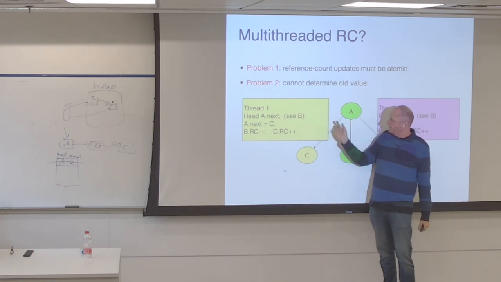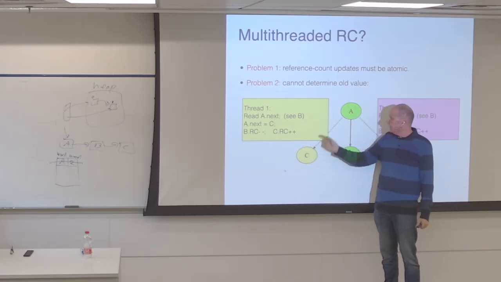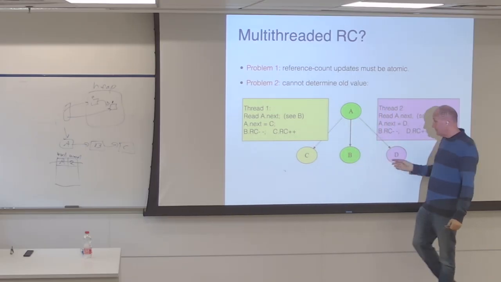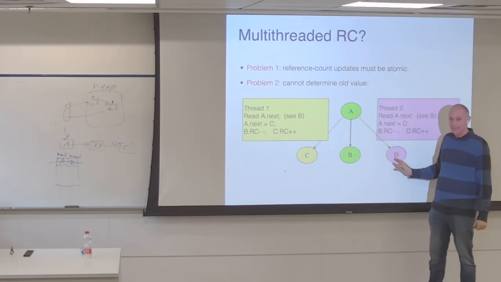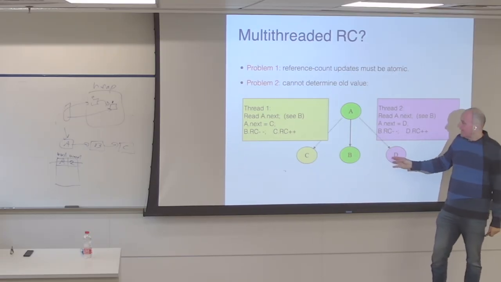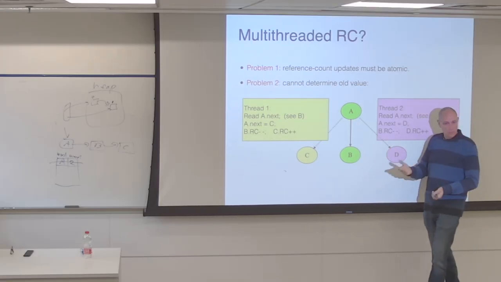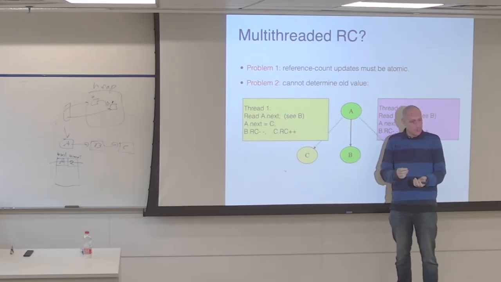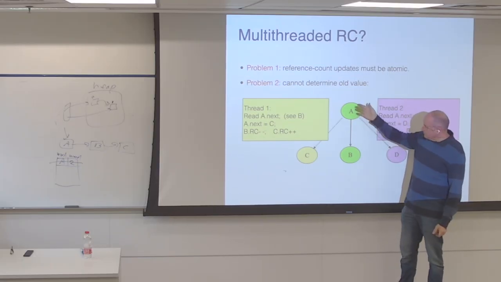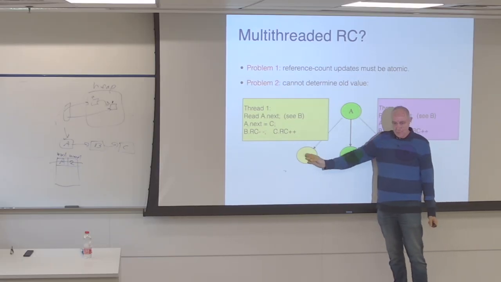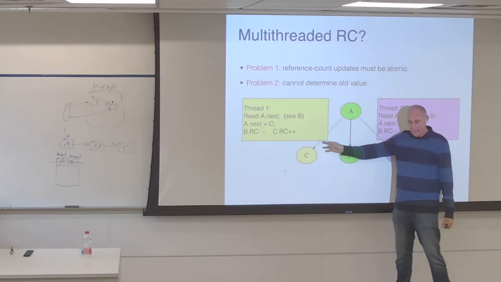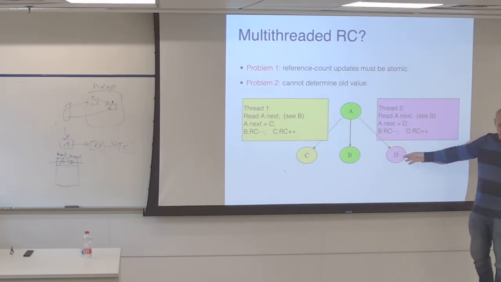There is thread one that tries to write C into A.next, and there is thread two that tries to write D into A.next. They work together, and in the real world, one of them happens a bit before the other. So maybe thread one succeeds first to move the pointer from B to C, and then the second thread moves it to D.